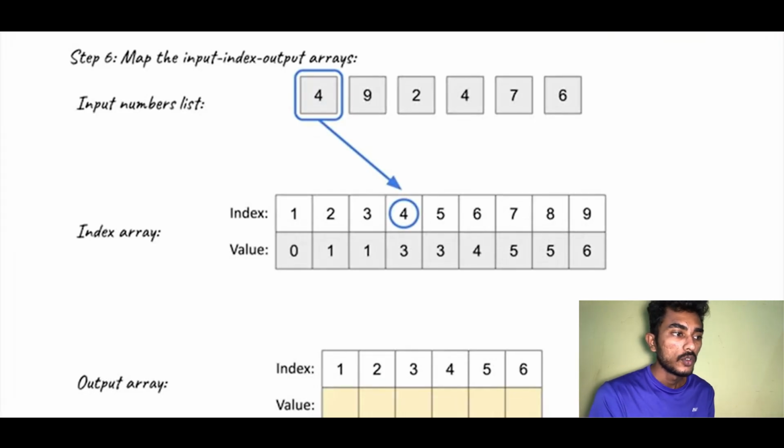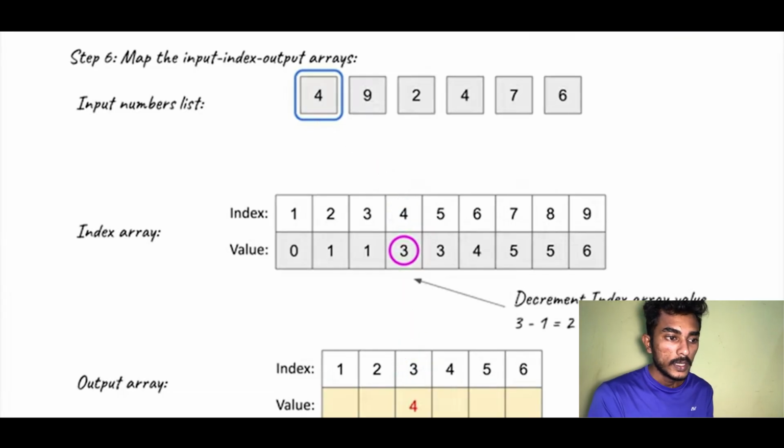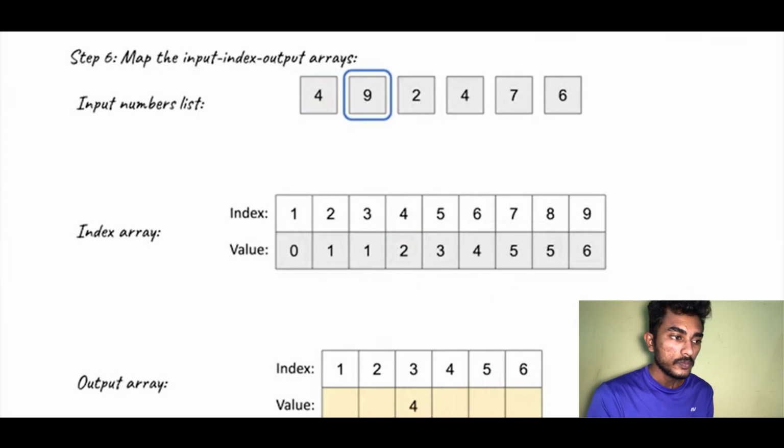For 4, the index array value is 3. You can add the value 4 at output array position 3 minus 1, that is index 2.